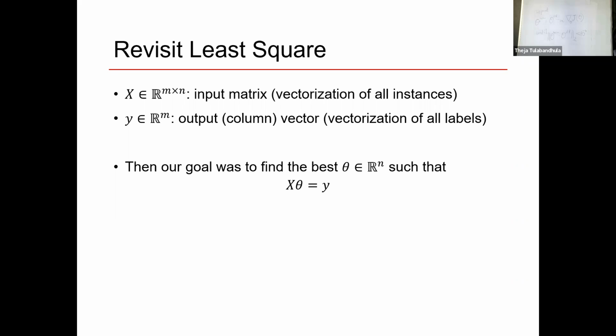You have a system of equations. When I already said m is equal to 100 and theta is 4-dimensional, it's already overdetermined, but it's just a system of equations where theta is unknown, x is given, y is given. You want theta to satisfy this equation. Yeah, 100 cross 4. Theta is a 4 cross 1. It's a vector. Yeah, unknown.